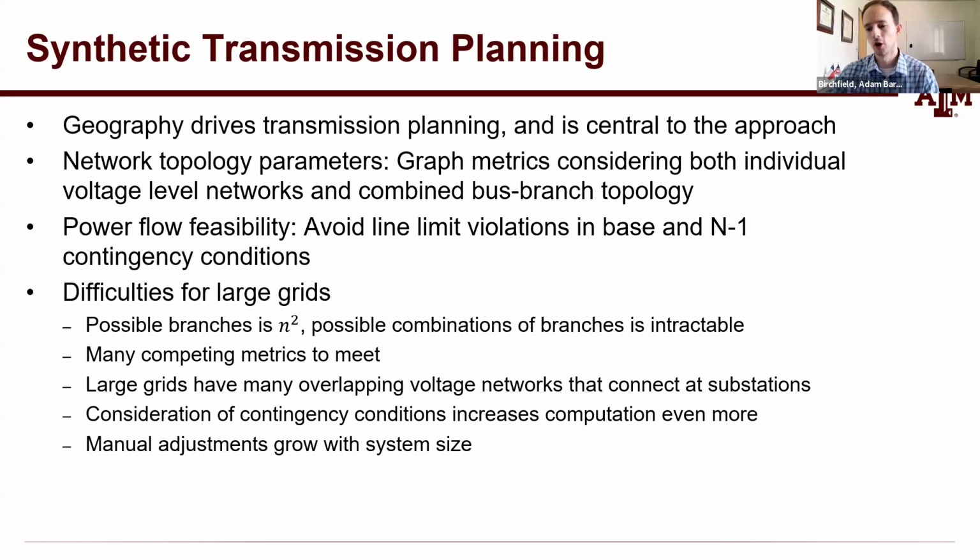We also have to consider the fact that there are overlapping voltage networks. You can't just connect a 345 kV line up to a 138 kV bus. If you are considering the contingency conditions, that increases the computation even more. And we're always going to have some manual adjustments, but we want to try to keep those as low as possible.